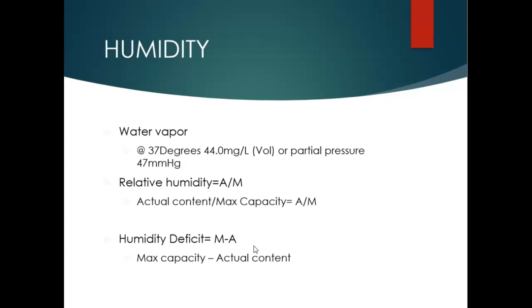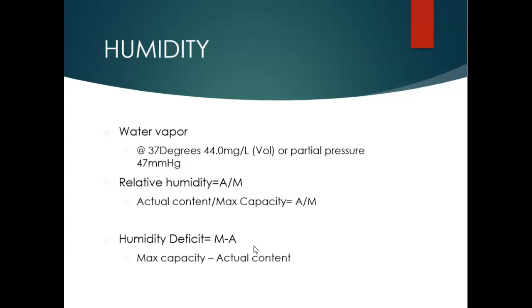Okay, so reminders about humidity and water vapor. Water vapor, like I said, at 37 degrees Celsius, which is our body temperature, has a relative humidity of 44 milligrams per liter of water. So this is the actual amount of water that we can carry, max capacity.